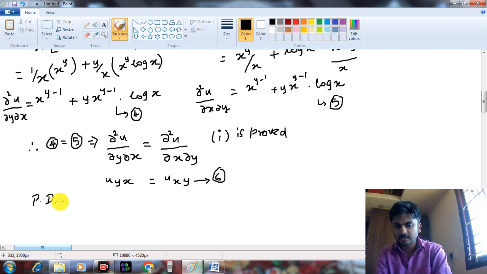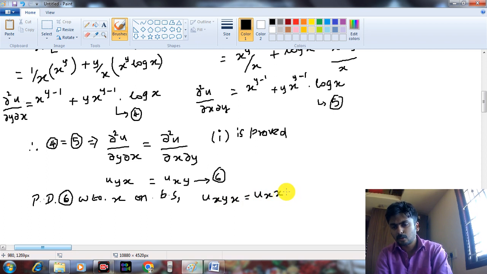So partially differentiating equation 6 with respect to x on both sides, we get u x y x equal to u x x y.